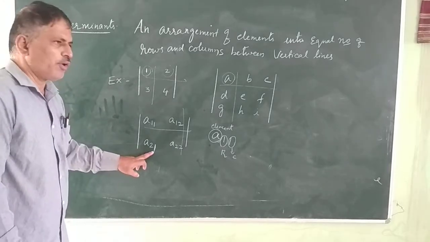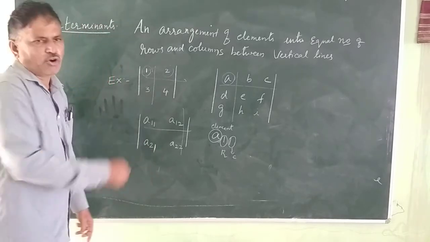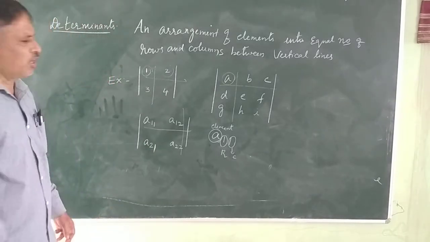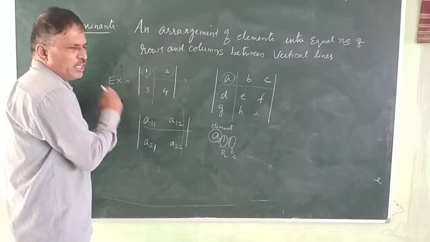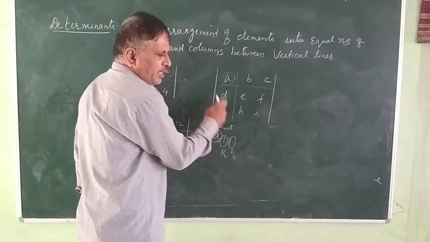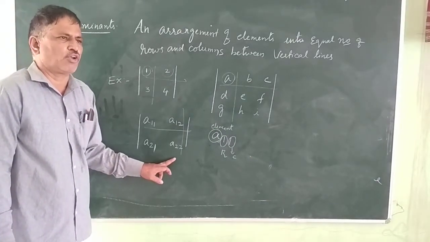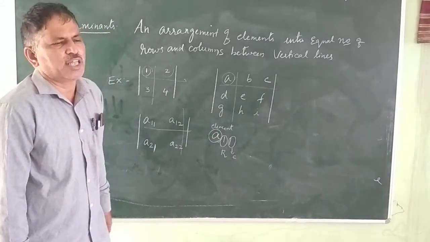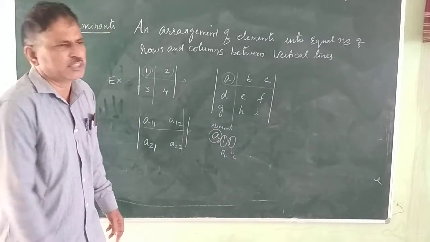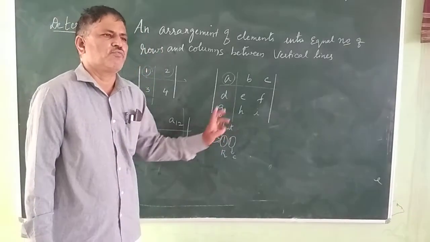This is A21, the element present in second row, first column. Second row, first column is 3. Second row, first column is D. This is A22, the element present in second row, second column. Suppose for the G, I can write A31. A31 means the element present in third row, first column.